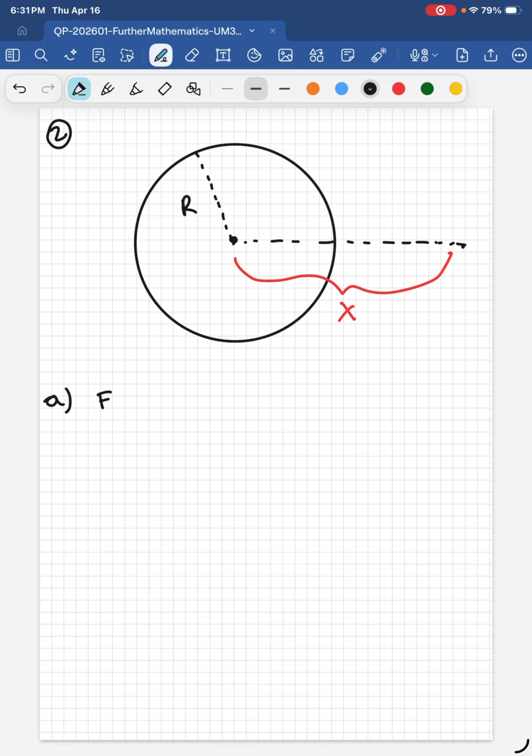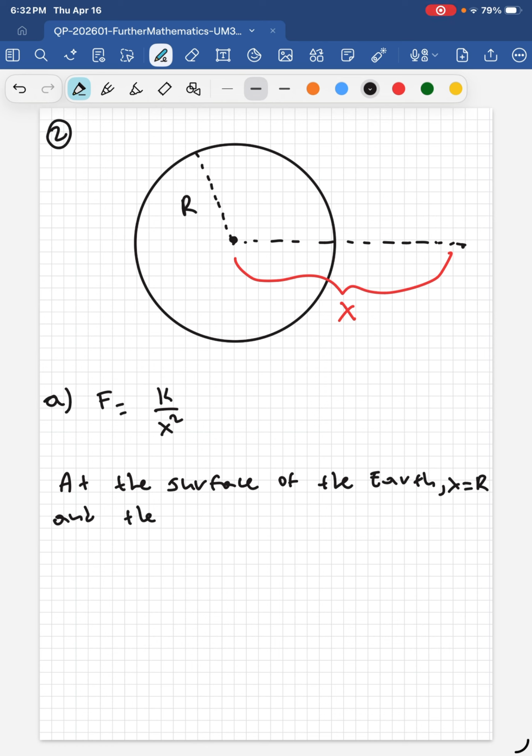Okay, so now let's try to solve problem A. The force is given as k over x squared. We have to find that constant k, and to find it we will use a trick. At the surface of the Earth, x is simply equal to r. And what is this force? The force is just the weight of the particle.